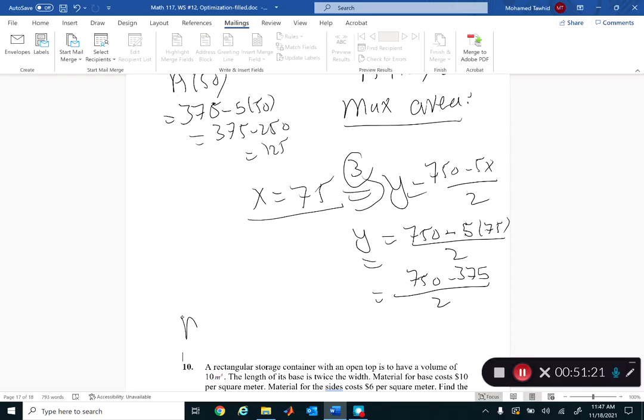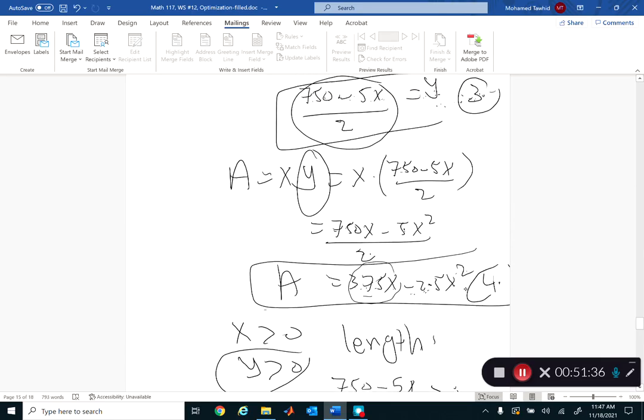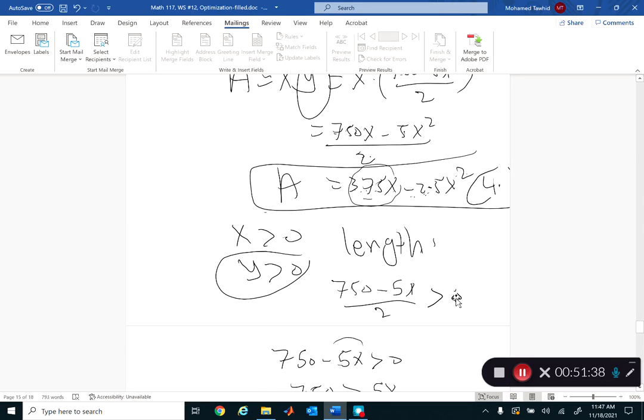So what is the area? You can compute the area as x multiplied by y. That gives you the maximum area where x equals 75 and y is the value that you have from here. Or just go back to equation number 4. If I replace x by 75, you are able to get the maximum area.